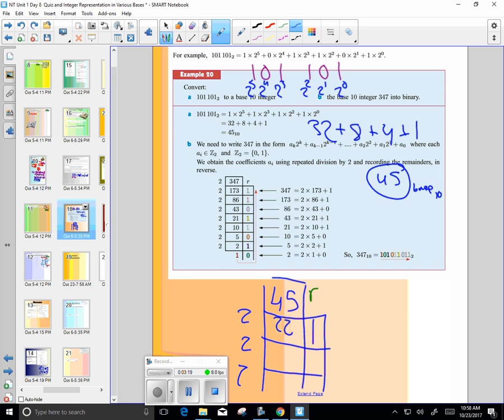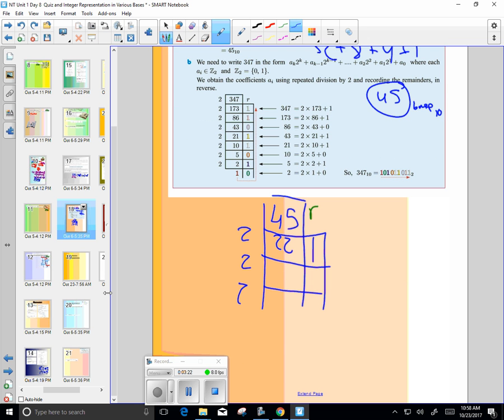Okay, now take 22 and divide by 2, and what do you get? 11. Remainder is 0. That's right.